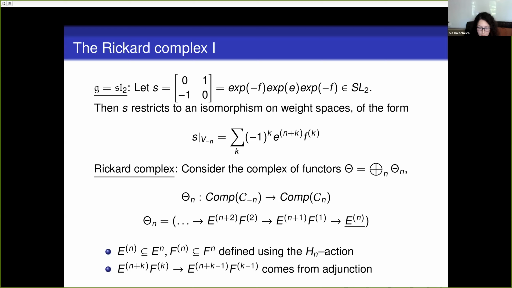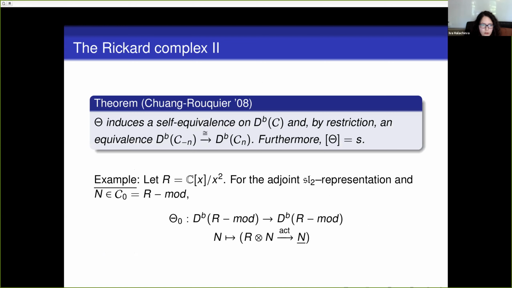So in particular, the adjunction units and co-units and so on. So this is the categorical version of the Rickard complex. And so then one of the results of Chuang and Rouquier tells us that this complex then induces a derived equivalence on the bounded derived category of our G categorical representation C. So in this way, these Rickard complexes are giving us some information about the symmetries of these derived categories.